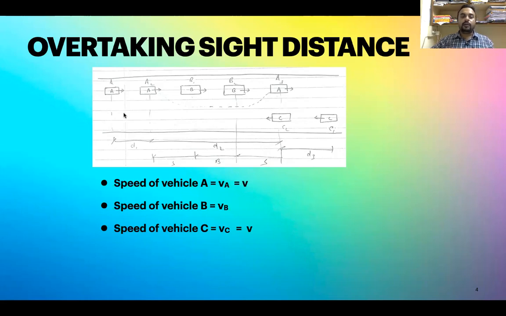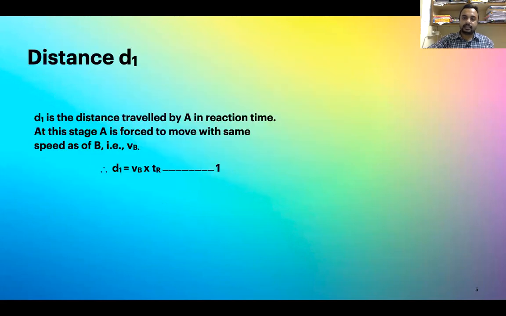If any of you drive a vehicle, you might be able to understand well, because when you do the overtaking process, that is the way you do it. You apply brakes, you come down to the speed of the slow moving vehicle, and then you start accelerating. So distance D1 is the distance traveled by A in reaction time.